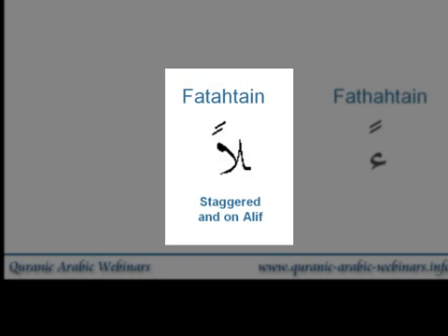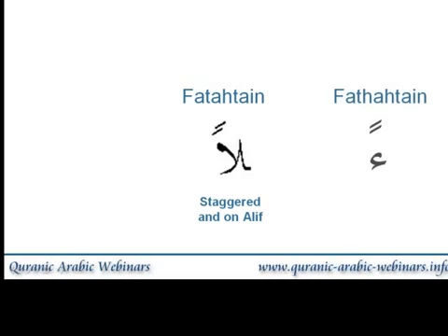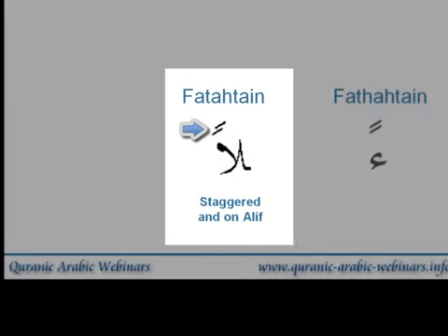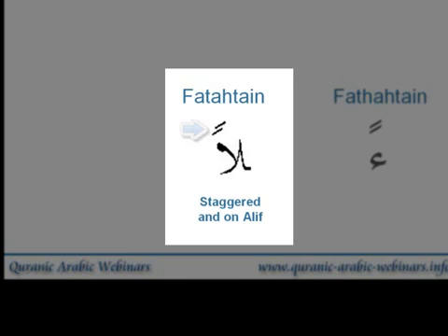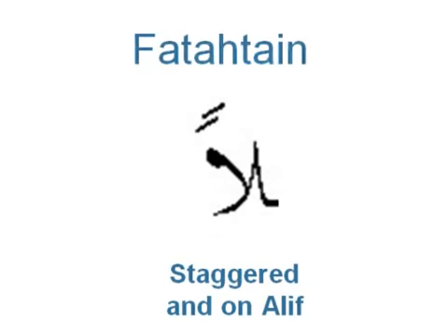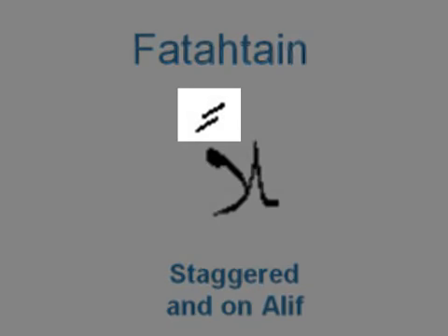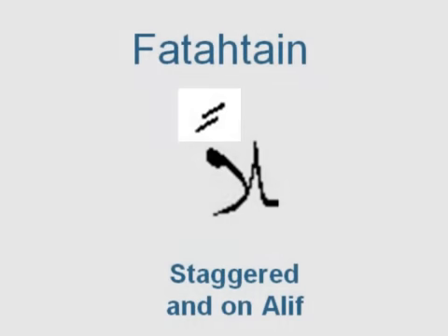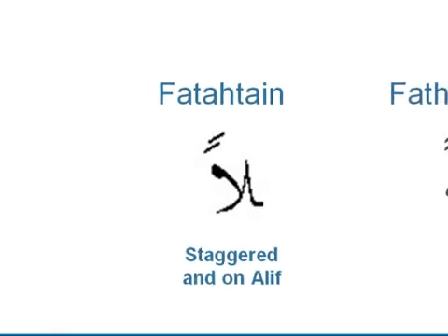So here we have lam with Fathahtain on top of it with an alif added in, and sometimes they'll write the Fathahtain above the alif that is added, but the Fathahtain is really giving this a different sound to the lam itself. Also notice that the two fatha signs are not in a straight line. One is slightly before the other one, so we call this staggered, i.e. they're not in a straight line.